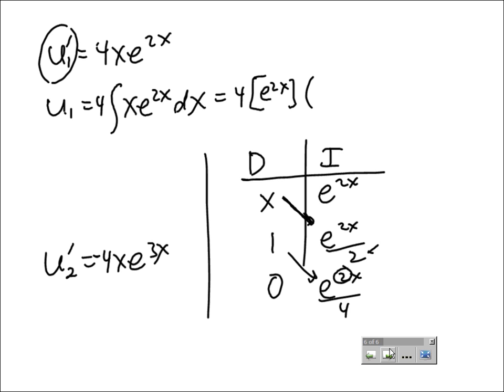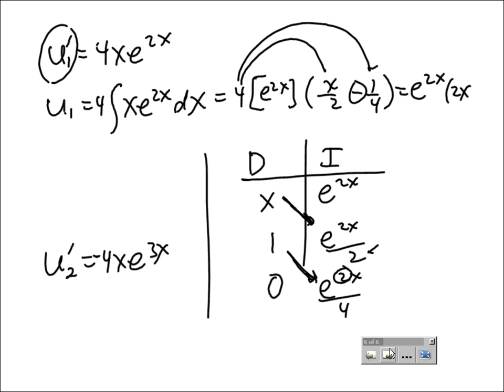It's going to be that product, which reduces to x over 2, minus that product, which is 1/4. Okay, so there's the e to the 2x. I'll distribute the 4. That will become 2x minus 1. That is u sub 1.